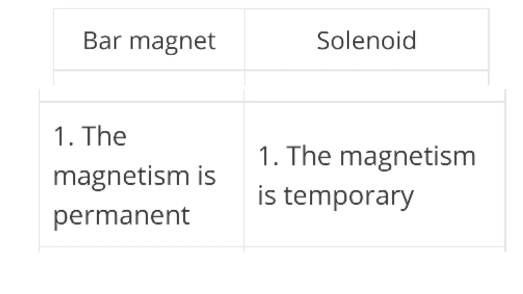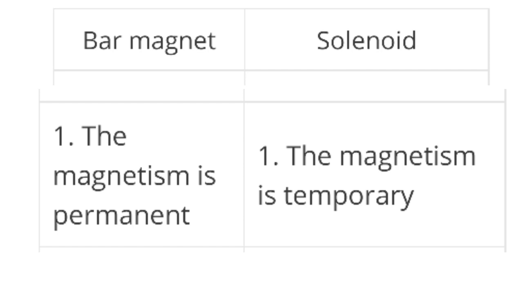Okay, so both the bar magnet and the solenoid are identical. But let us discuss what the differences are between a bar magnet and a solenoid.